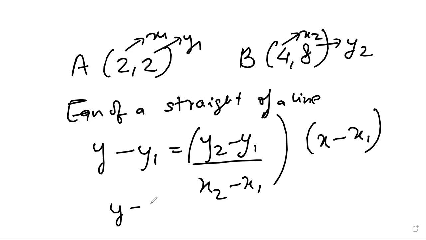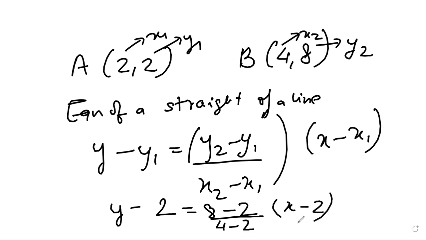Now, y minus y1, y minus 2, is equal to y2 which is 8, 8 minus 2, upon x2 which is 4, so 4 minus 2, and then in brackets we write x minus x1. So you solve it further.